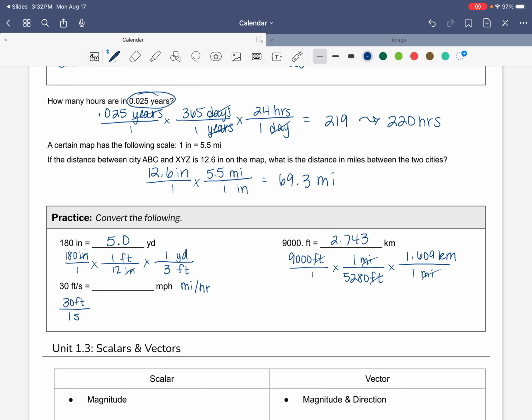We'll take care of the seconds first. We want to convert them to hours. Because the seconds are in the denominator, they need to move up to the numerator in order for them to cancel. So I'm going from seconds to hours.